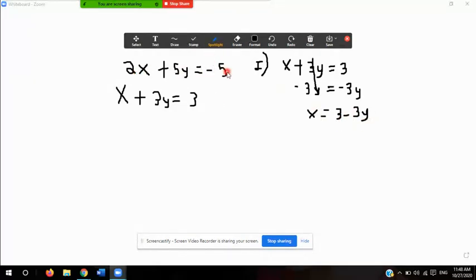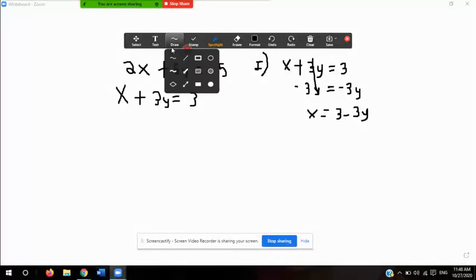So I'm going to take x equals 3 minus 3y and plug it into the first equation, 2x plus 5y equals negative 5. That's going to help me first find the value of y, and once I have the value of y, I can find the value of x. So again, step 2 is just to substitute.